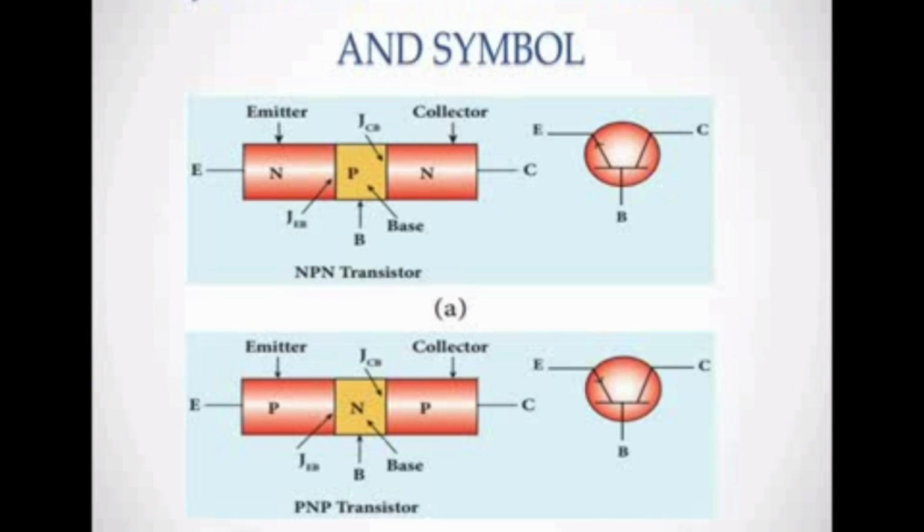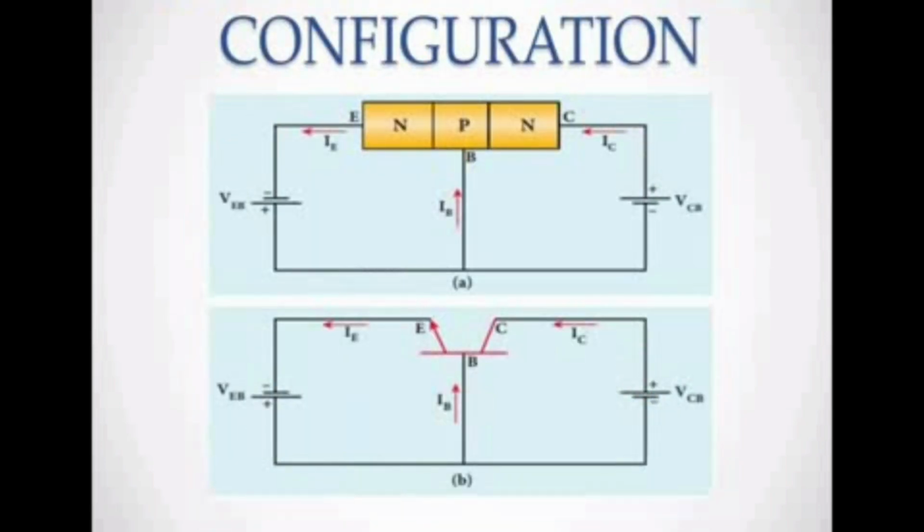So, transistor biasing. Biasing means we are going to apply energy. So how are we going to give the energy to the transistor? It has three modes of transistor biasing. One is forward biasing.